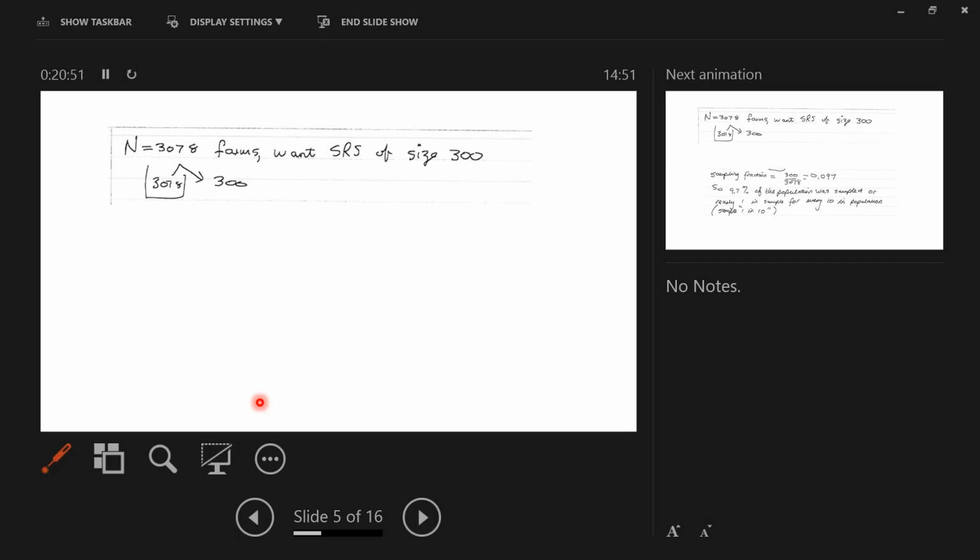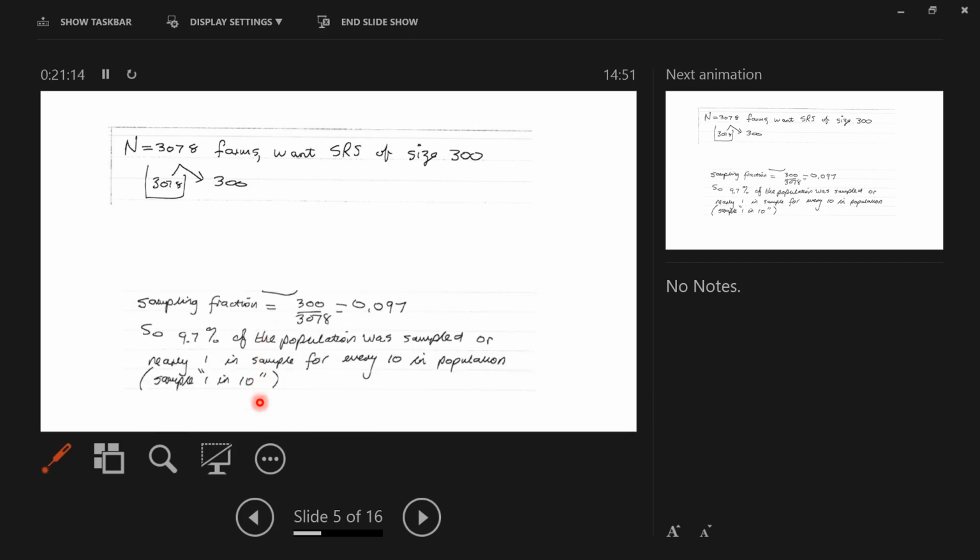But what you need to understand is, think of it as 3078 farms, and they're taking 300 out, because they want to estimate something about the 3078. But they don't have time or capacity to go to each of the 3078 farms and speak to the farmer and work out how much of your farm you're using for farming and how much you're not using. They don't have time for that. So they're only going to go to 300 farms.